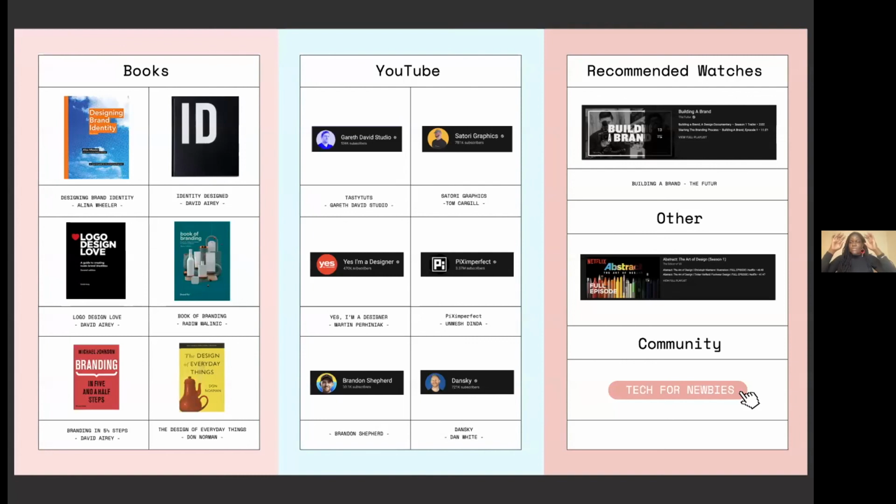Being able to consume other types of design content allows you to think wider, right? So I even recommend, even for inspiration, going outside, just seeing what's outside, or interacting with other people's art, or going to galleries, because it allows you to expand your mind when it comes to the whole design field.